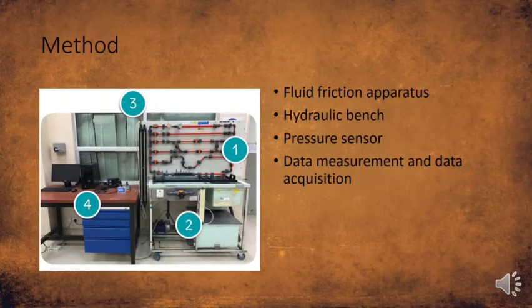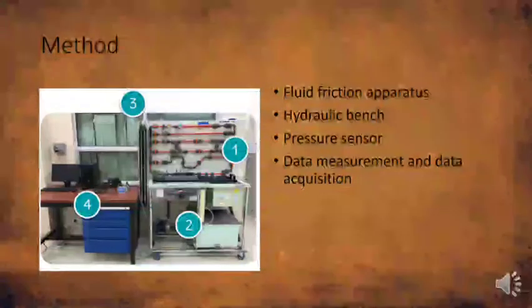Then we need to adjust the control valve. Here is the control valve, so we can control the flow rate of the water. If you want it high, you can put it high, depending on how you set it up.